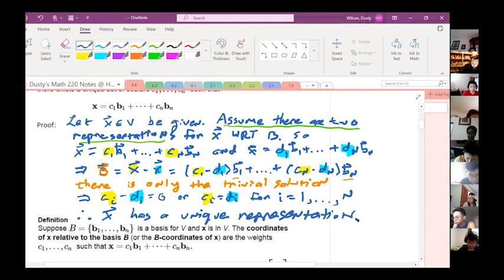Yeah, it's a contradiction. We didn't actually assume that they were different, so we don't really need the contradiction symbol here, but we did assume that there were two of them, and we just showed that those two things are the same thing. But yeah, that's right, Gerald. That's right.